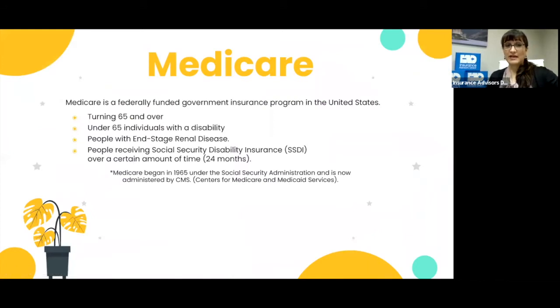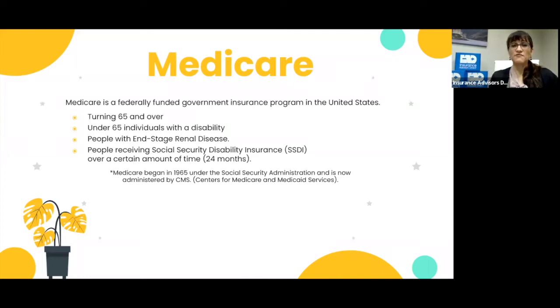So of course, Medicare is a federally funded government insurance program in the US. A lot of people, when you're turning 65 or you're over 65, this is where most people know what Medicare is most commonly. Of course, we know as brokers that if you're under 65 with a disability, if you have end-stage renal disease, and people receiving Social Security disability insurance, otherwise SSDI, on that 25th month, they are then eligible for Medicare.